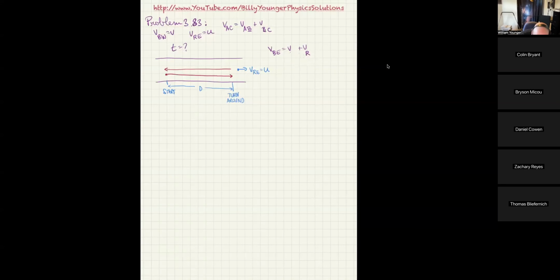This should be the velocity of the boat with respect to the river, which we called water before, so I can just change that now, and the velocity of the river with respect to Earth. I'm going to change this to R. That's just a difference of me calling it water in one case and a river in another, so that doesn't really matter too much.